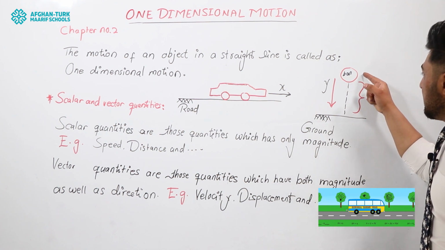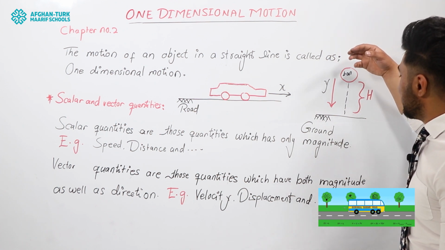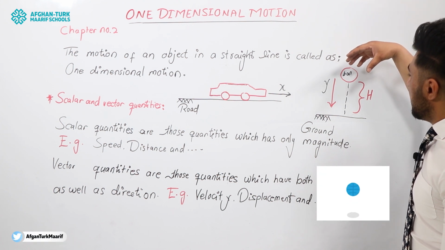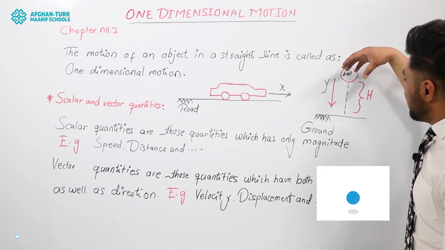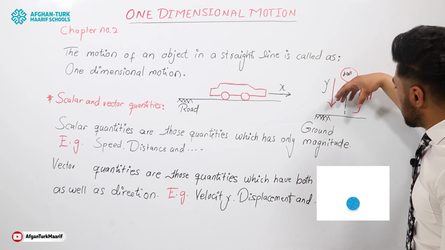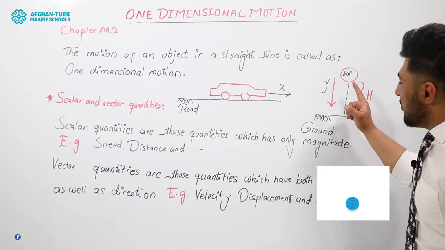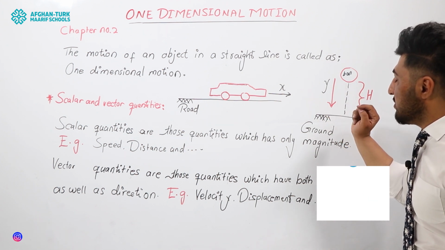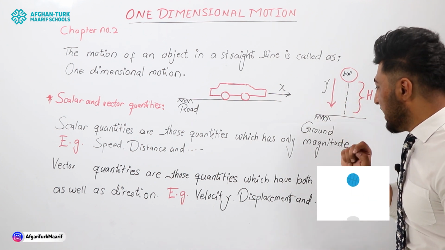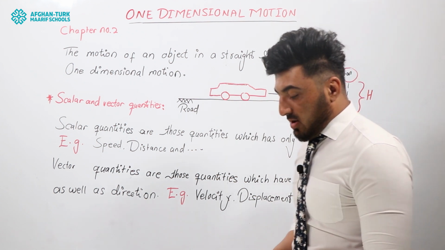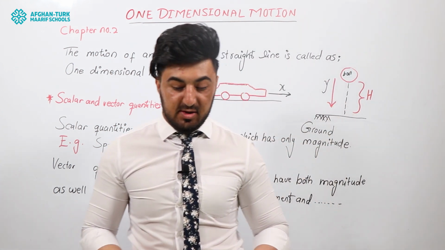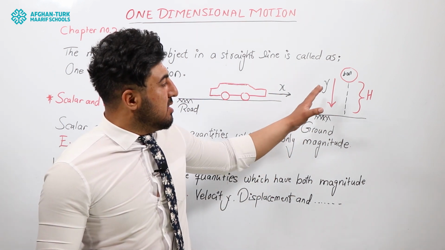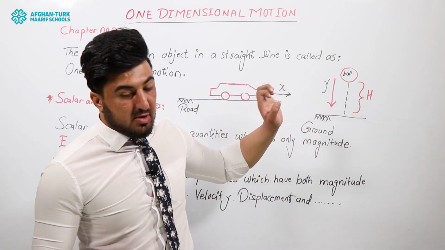Or pretend that this ball has some height and we are going to leave this ball. It is just going to move downward. It will move only in one axis, which is the vertical axis, the y-axis. Okay, students, let me show you some real examples of these objects.